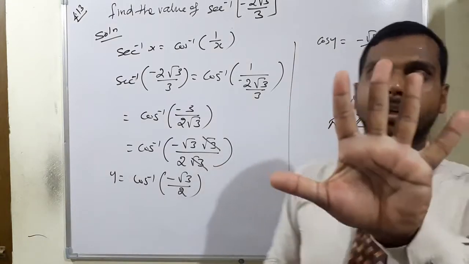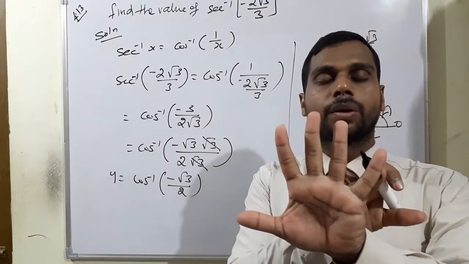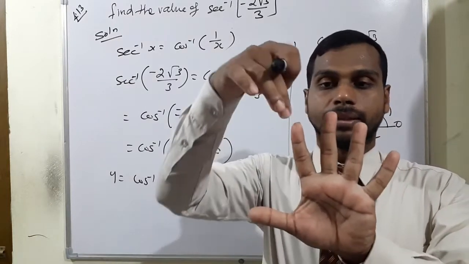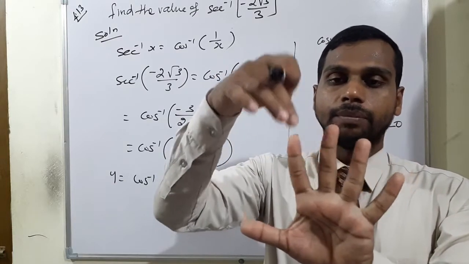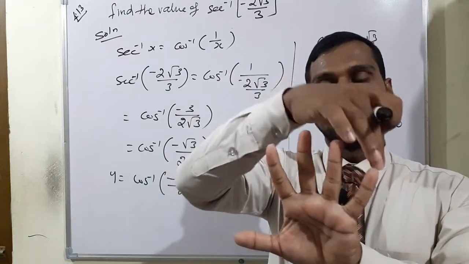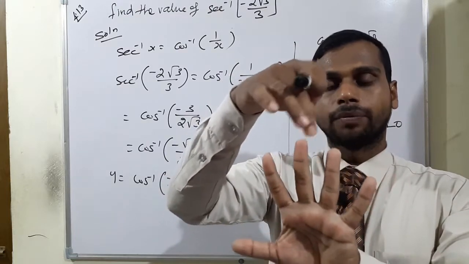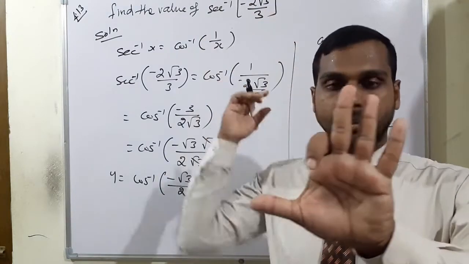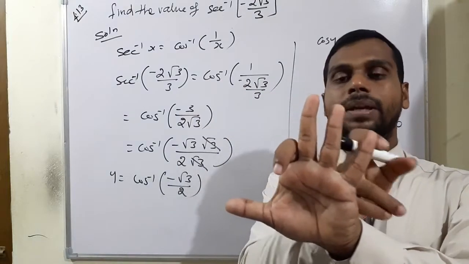According to the finger table, for cos we have to check the square root of the finger count in the little side. Little side means this is considered for 0, 30, 45, 60, 90, means pi by 6, pi by 4, pi by 3, pi by 2. We can indicate the fingers because the count in the little side gives root 3 by 2.